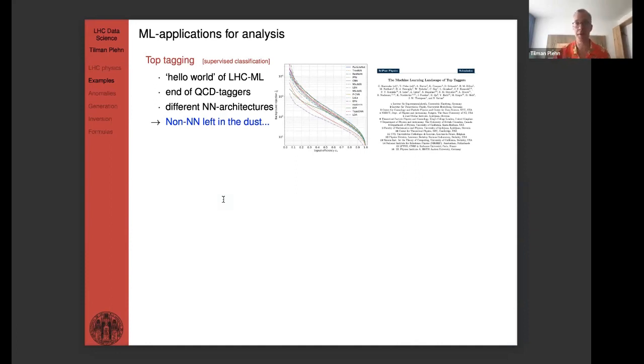What's important here, if you have some time, is to look at this article for top tagging using machine learning: machine learning beats the classical methods by a huge margin. It's not even close.